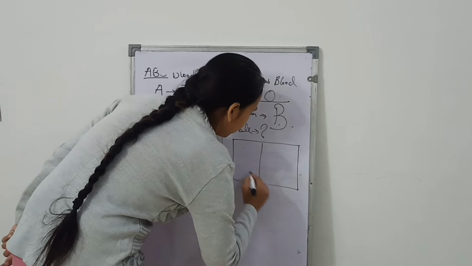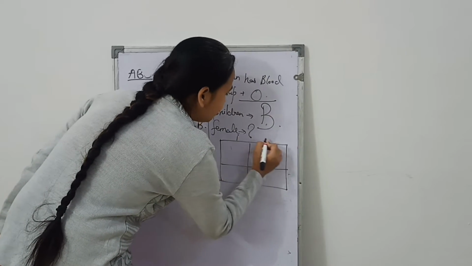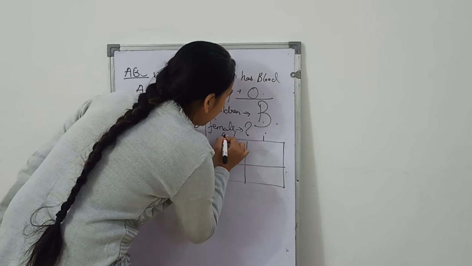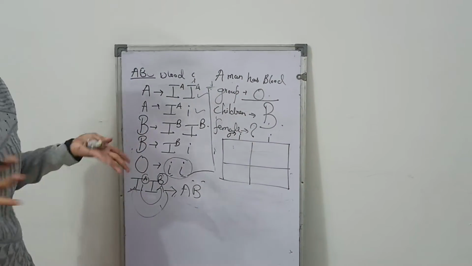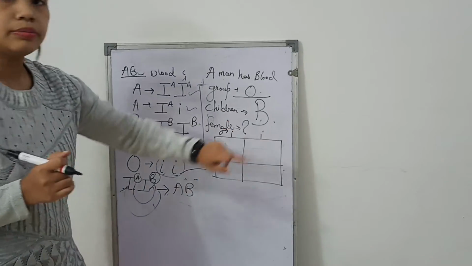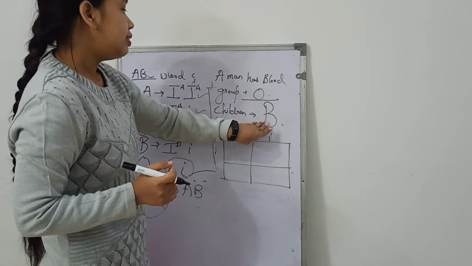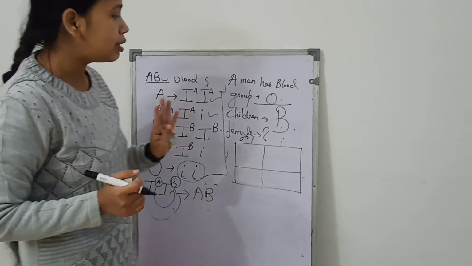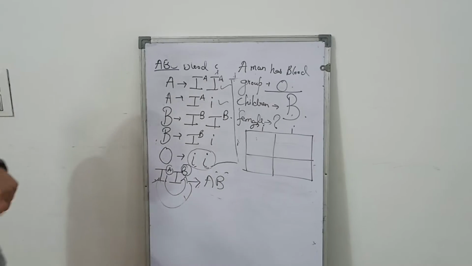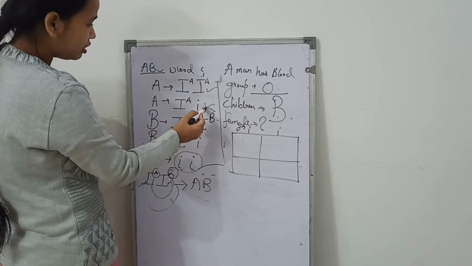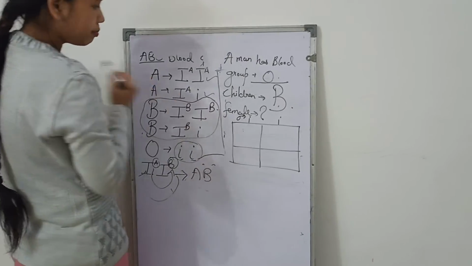and discuss this topic. So, here we will write ii because the man is having a blood group O. See, we are not aware about the female blood group. We don't know about this. But it is showing that the children have a blood group B. So, blood group B is only possible when the genotype is either this or this.